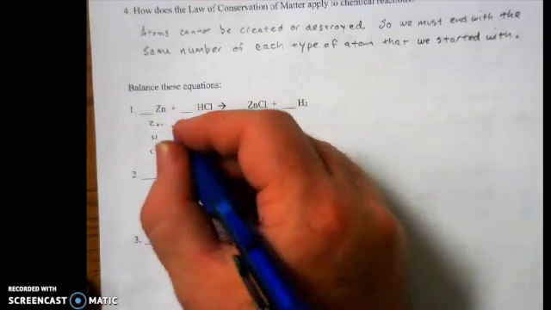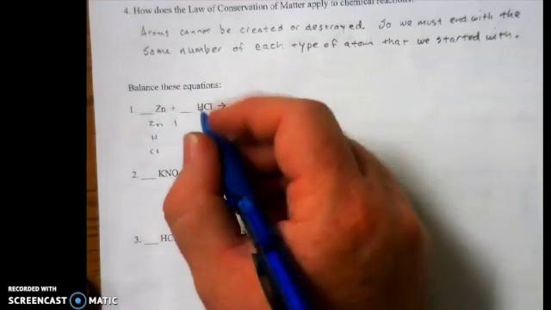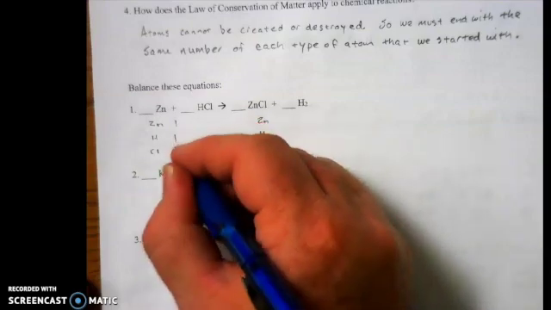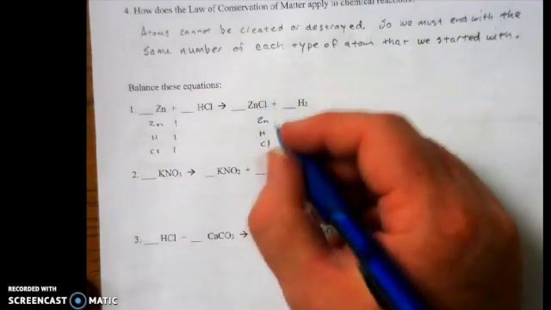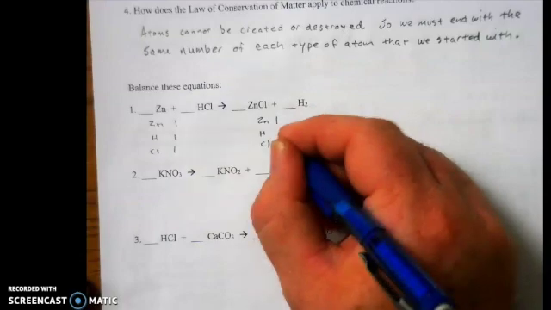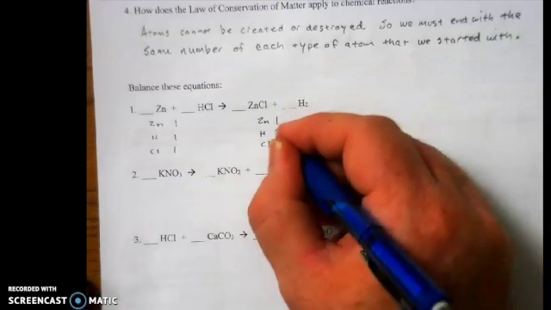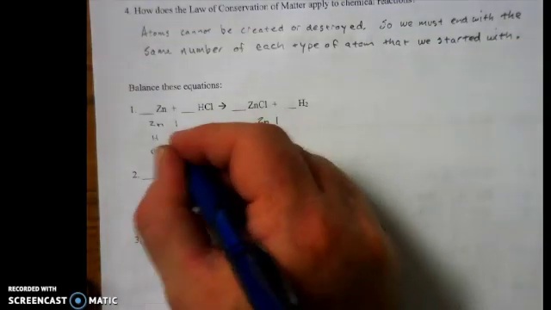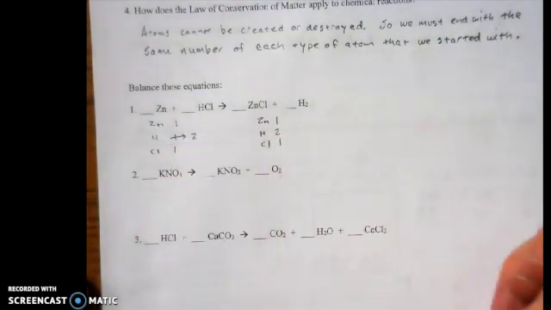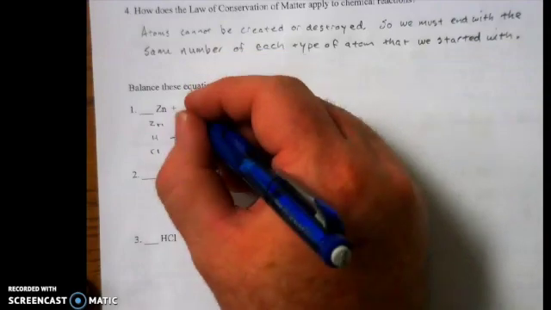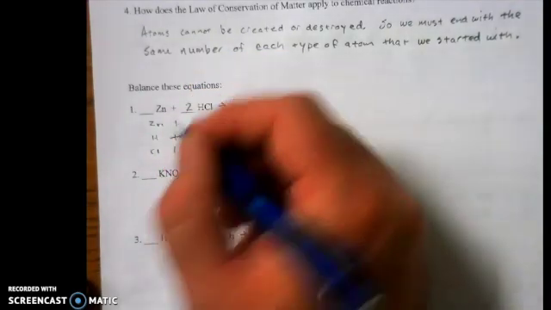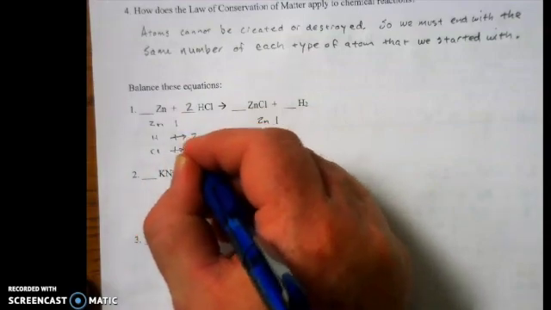So we've got one zinc, one hydrogen, one chlorine. One zinc, one chlorine, and two hydrogens. So the first thing we need to do is make this 2. In order to get 2 hydrogens on this side, we need to add a coefficient of 2 right there. But that will also give us 2 chlorines.